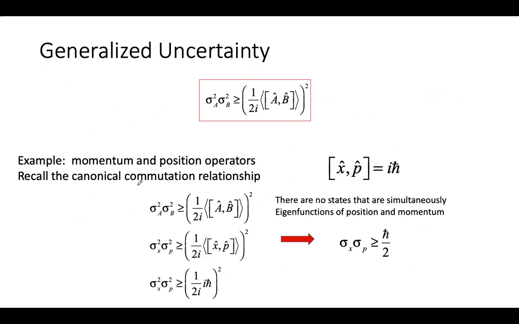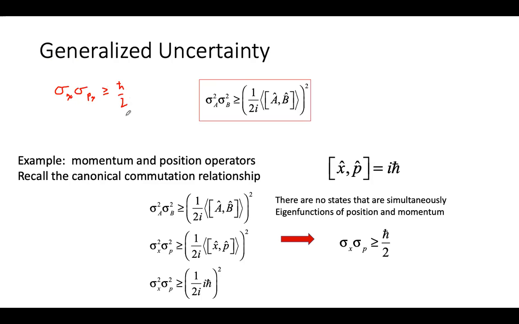Remember we talked about the generalized uncertainty principle back in chapter 3, because this was a bigger thing than just, let's see, we did uncertainty in position and uncertainty in the X component of momentum, right? Only the X component, not the Y component of momentum. We said that has to be greater than or equal to ħ over 2, for example.